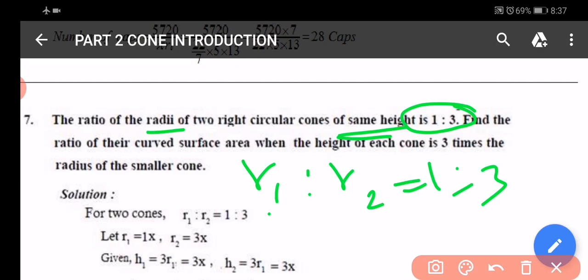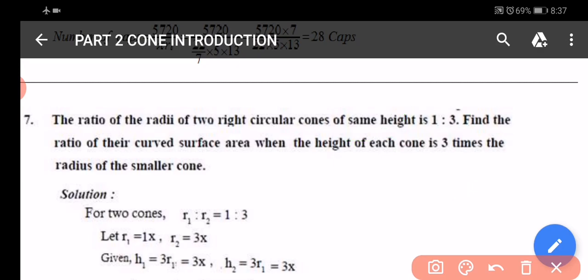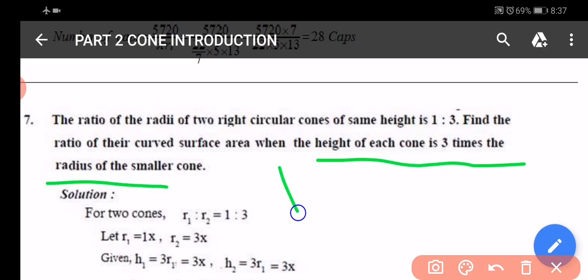And also given, height of each cone is 3 times the radius of the cone, that means h equal to 3 times the radius, that means h equal to 3r.